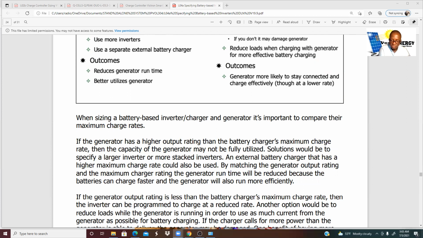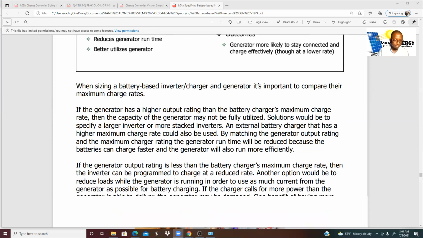An external battery charger that has a higher maximum charge rate could also be used. By matching the generator output rating and maximizing the charging rate, the generator runtime will be reduced because the battery can charge faster and the generator will also run more efficiently.